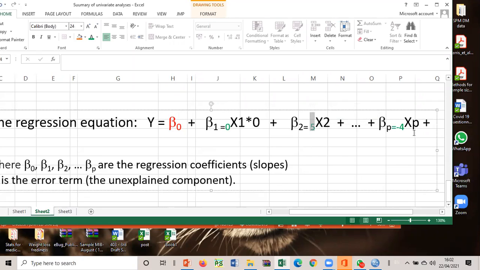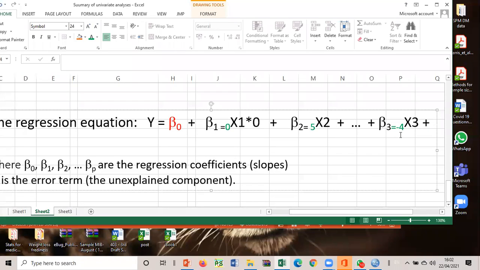Does y depend on x3? Yes, because the slope is not 0. How to interpret this?